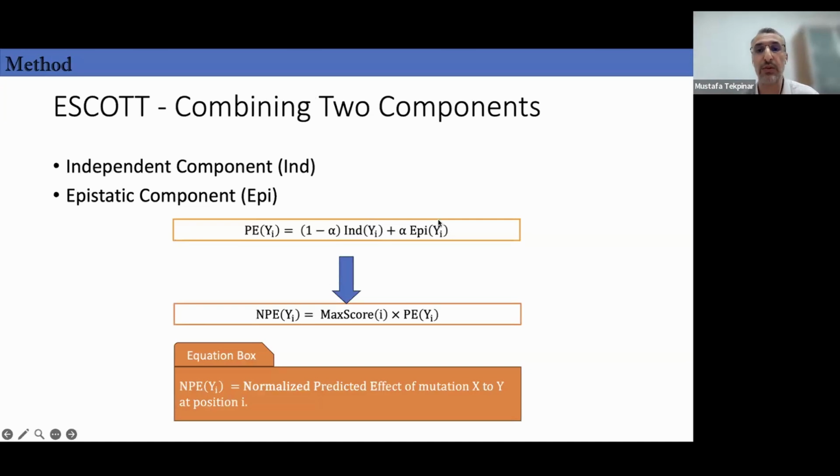We have independent component and epistatic components combined in a linear fashion, and we put weights or normalize our predicted effect here with max score, which means that you give much more importance to the positions that have high max score. So this is our PRESCOTT score. PRESCOTT score, as I said, uses multiple sequence alignment information and structural information and physicochemical features as well.